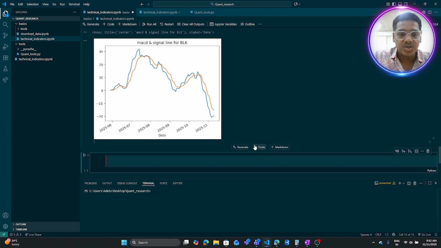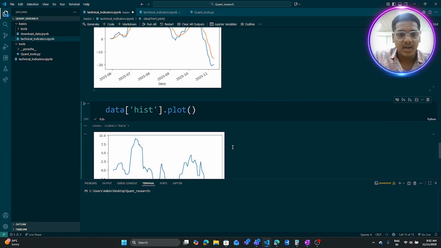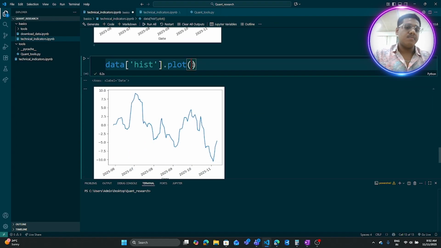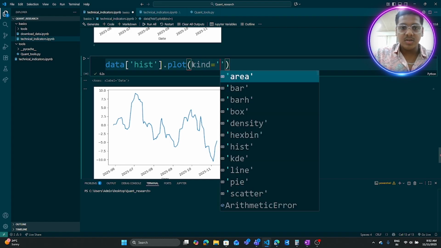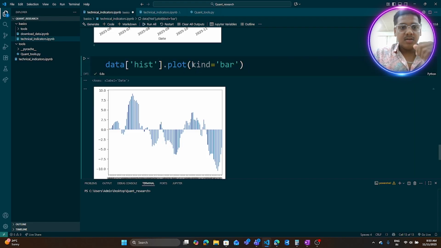Now only the histogram is remaining, so I'll also plot it. Data hist.plot, but if you directly plot it like this, you will see a line chart, and we are not interested in this. So I'll enter bar here.